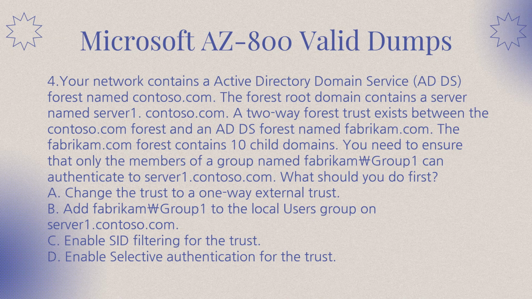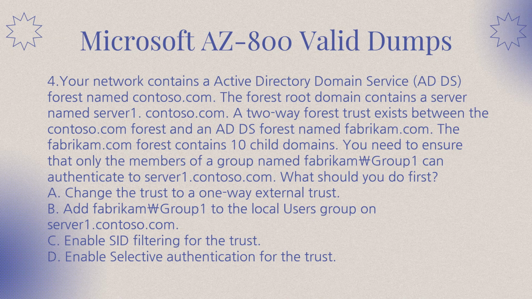4. Your network contains an Active Directory Domain Services (AD DS) forest named contoso.com. The forest root domain contains a server named Server1.contoso.com. A two-way forest trust exists between the contoso.com forest and an AD DS forest named fabrikam.com. The fabrikam.com forest contains 10 child domains.